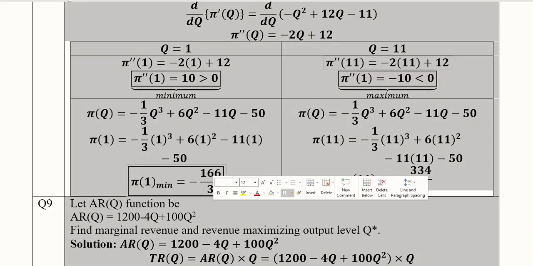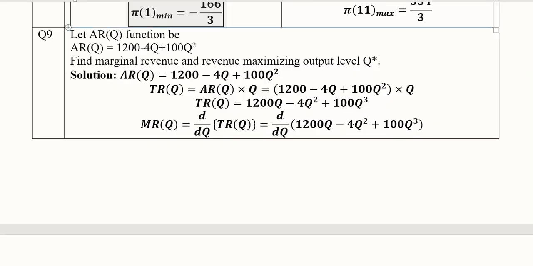Now we come to the next question. This question is difficult to solve because in my estimation this question is not correct.